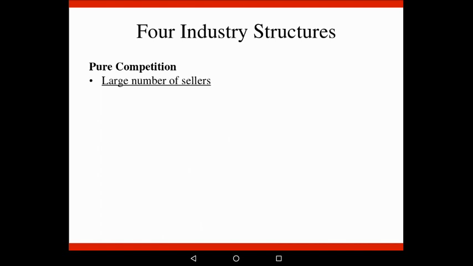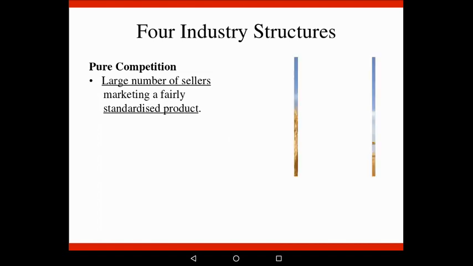Then we have pure competition. This is the opposite of a monopoly. There are hundreds of sellers in the market. And they're marketing a very standardized product. In other words, it's not a product that has much variety.